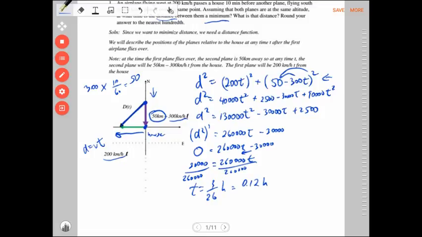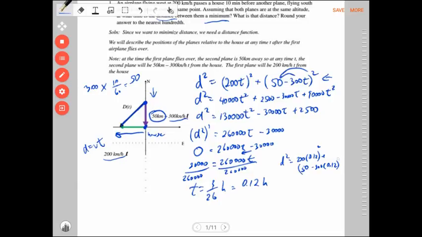Now we actually have to type that in to figure out what the distance is. Now, remember, we have a distance squared function, so to actually find the distance, we're going to have to square root, but that's okay. So we're going to substitute right back into that original equation. So d squared equals 200 times 0.12 squared plus 50 minus 300 times 0.12.